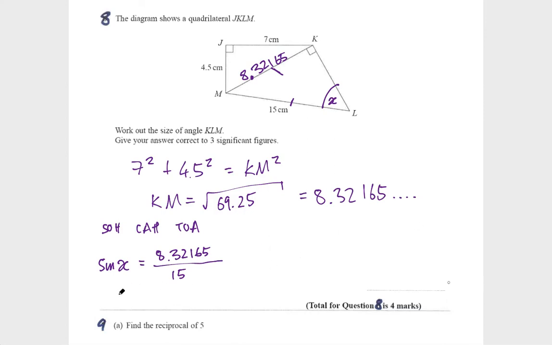So x is sine to the minus 1 of that thing exactly, 8.32 over 15. So I do sine to the minus 1 of that answer, and I get the answer 33.695 degrees. It asks for 3 significant figures, so that becomes 33.7 degrees.